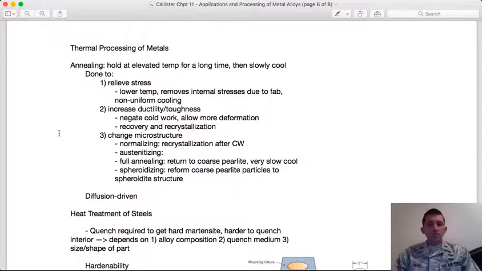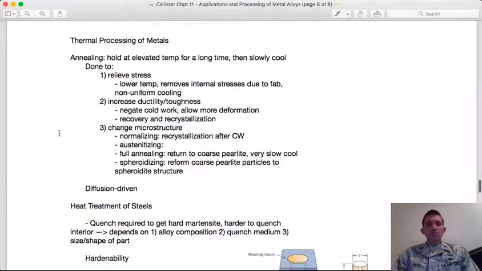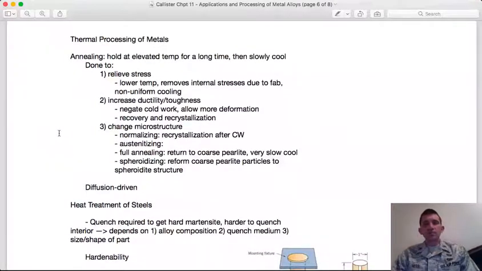And this buys you back some of your ductility, right? Because remember we said lots of dislocations makes it stiff and strong. So as you heal some of those, you get back some of that ductility. You can have an annealing step to enable you to do additional cold work, because you heal some of those dislocations, and then you can flatten it again or bend it again or whatever.